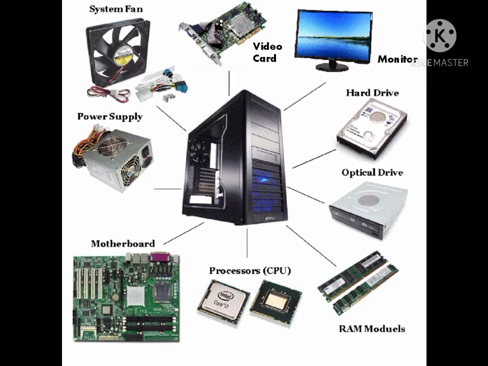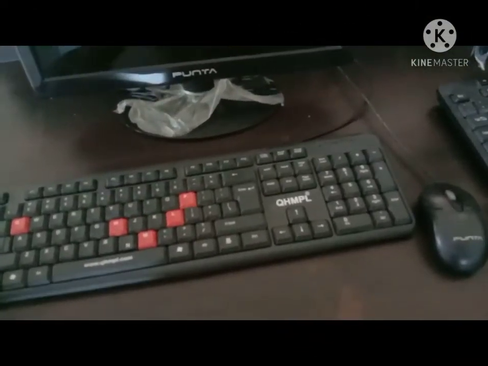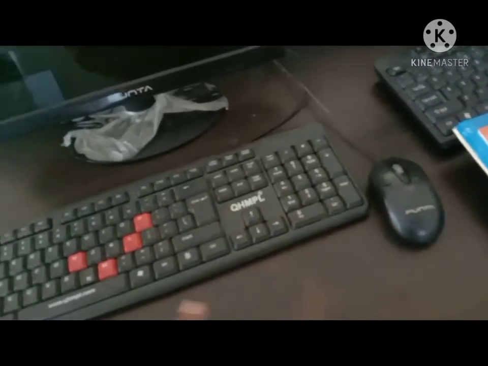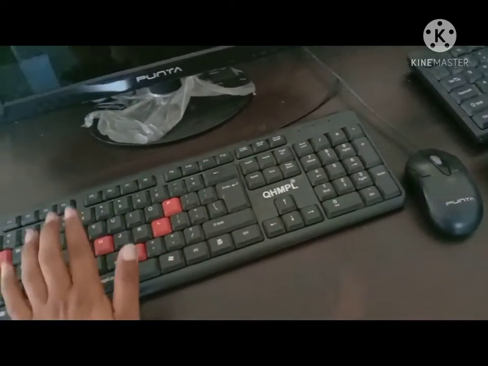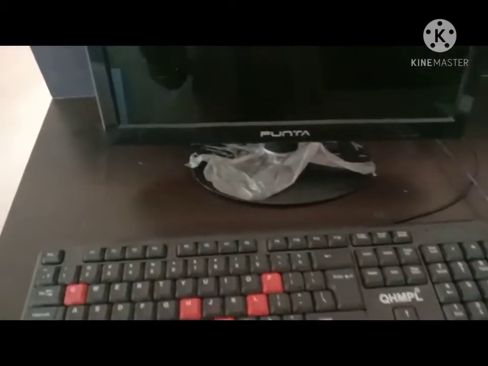These are some other parts found inside the CPU box: system fan, power supply, motherboard, processor, RAM modules, optical drive, hard drive and video card. Dear students, as you know, we enter the data from the keyboard and mouse into the computer. When we enter the data from the keyboard, the CPU processes this data, okay? And which device gives us output?